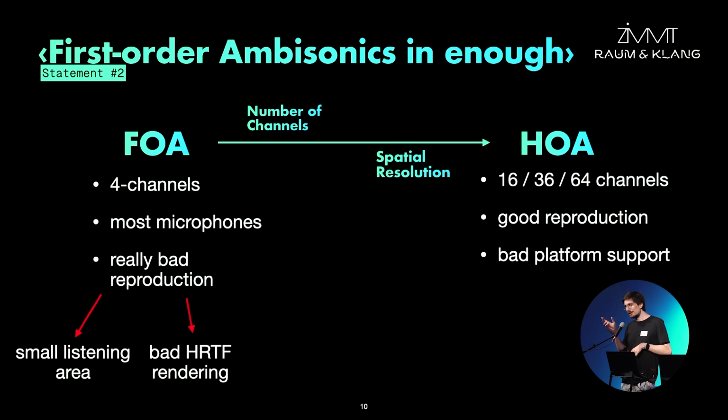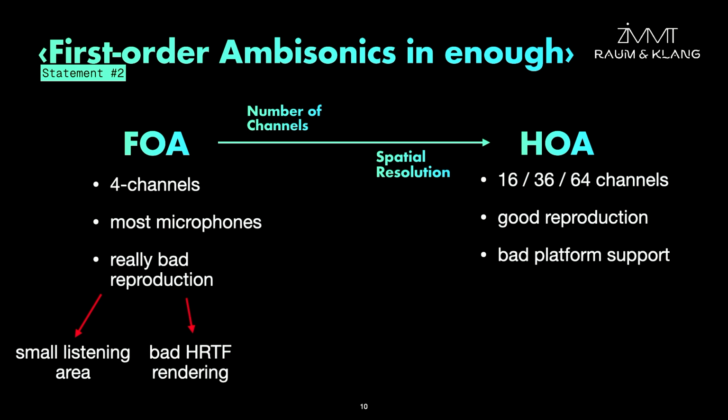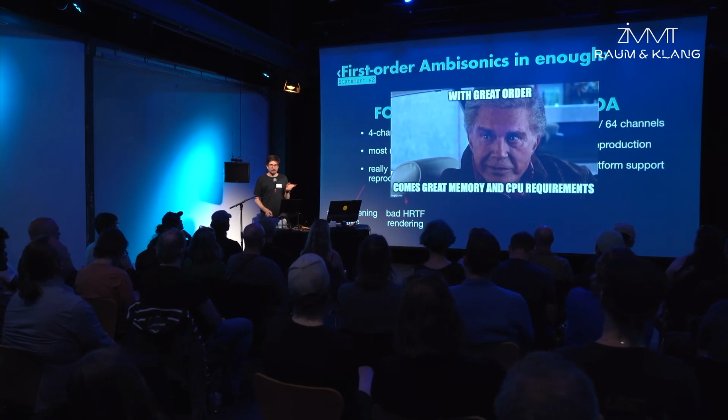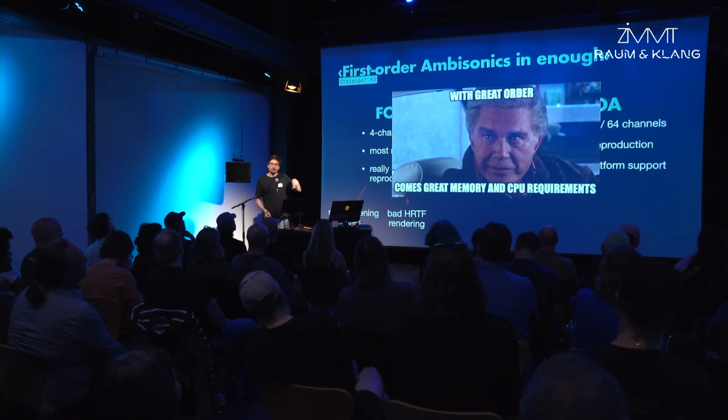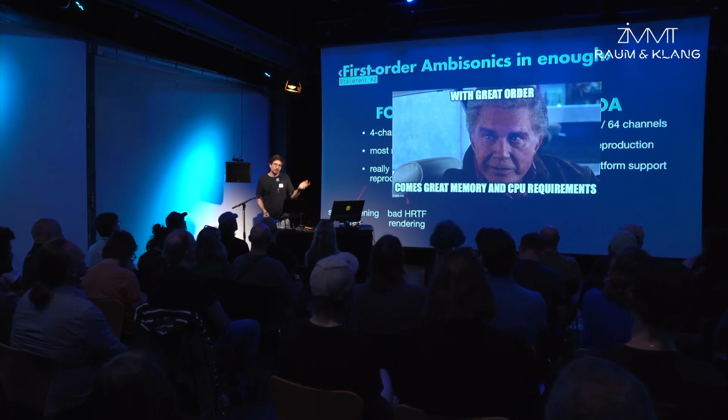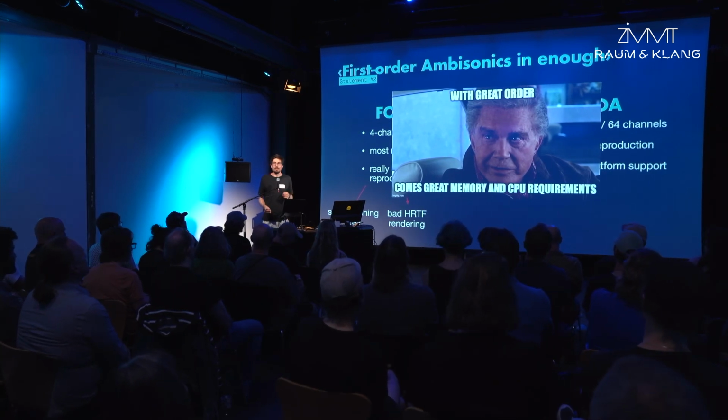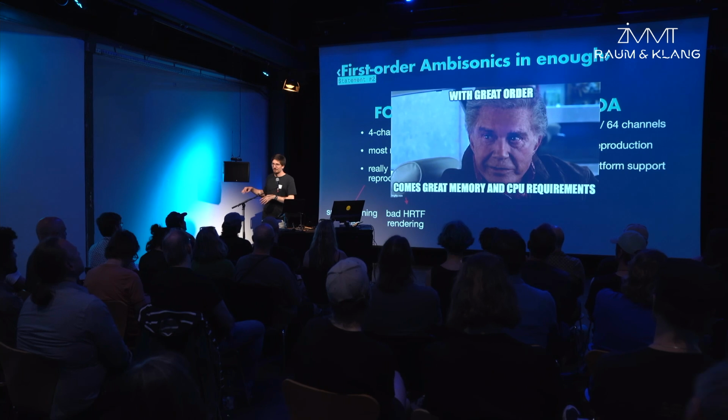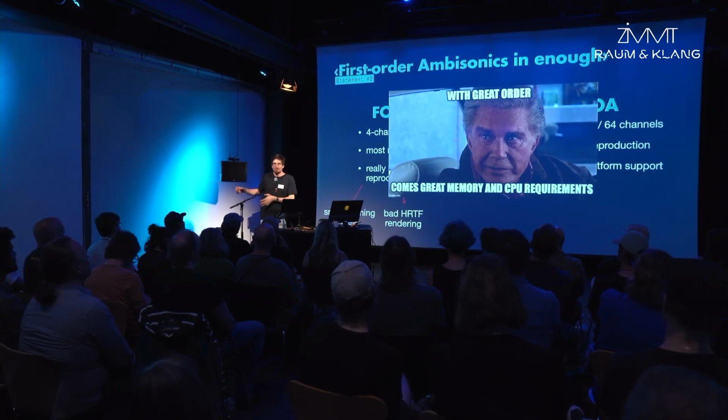You can get around it a little bit, but it's always hacky solutions. And platforms like YouTube or Facebook were limited to, I think, 2nd order Ambisonics. But hopefully with the Eclipse format, which was introduced lately, we will maybe get a better audio resolution. Keep in mind, with great order comes great CPU and memory requirements, so that might be a reason why the game engines don't want to give the audio designers more memory.